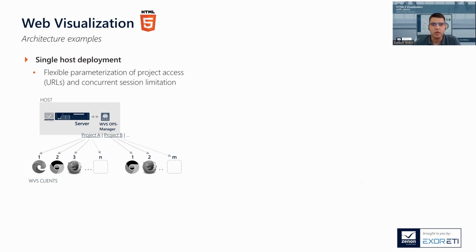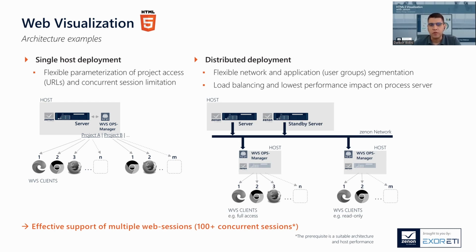For the beginning, let's say we have a single host deployment. We have a host, a server with Zenon, and we start Ops Manager, and then we can access the projects on the server through different web clients, different VVS clients in this case, so it can be multiplied directly. We also have distributed deployment, for example, with a redundant server, with server and standby server.